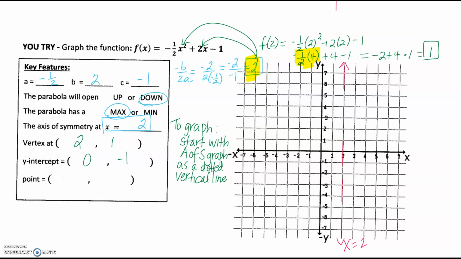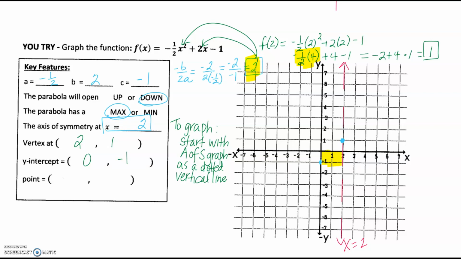From there, it's opening down, so that means my vertex, which is 2, 1, going over 2 to the right and up 1, is going to be the highest point of my parabola. Then I go to my intercept, that's 0 on the x, negative 1 on the y. So then, to get your other point, what is the distance from the axis of symmetry, the pink line, to the blue line?